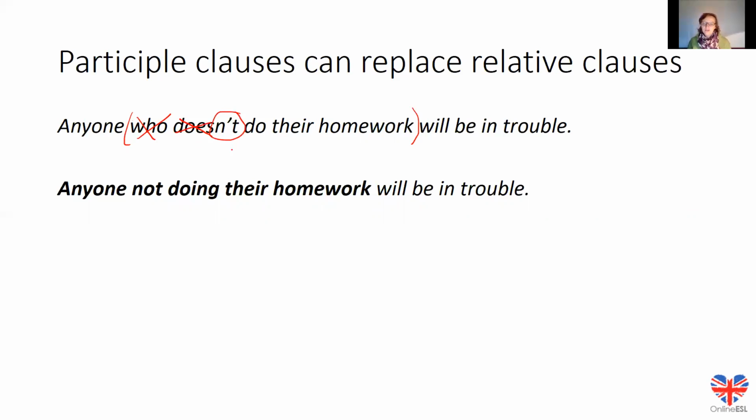I still want this because it's negative, so we drop the auxiliary verb. So anyone, and then we want this in a present participle, but negative. So "Anyone not doing their homework will be in trouble."